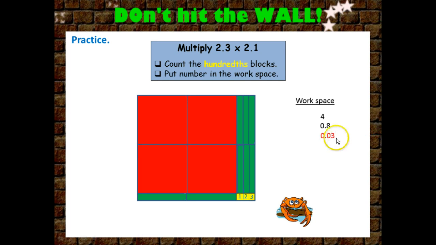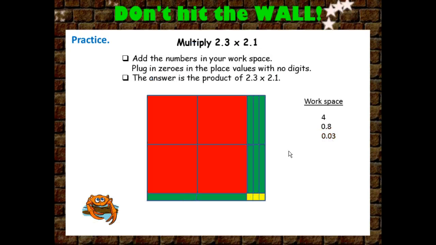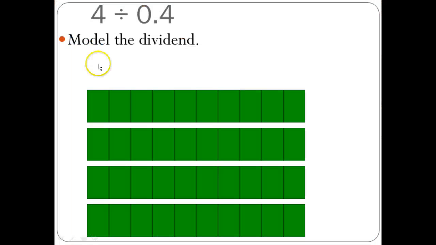And remember, when we talk about hundredths, we're talking about 2 spaces after the decimal. When you add them all together, you can add in your extra zeros so you have the same number of digits in each row. You have 4 and 83 hundredths. So multiplication, when you use models, isn't so bad.